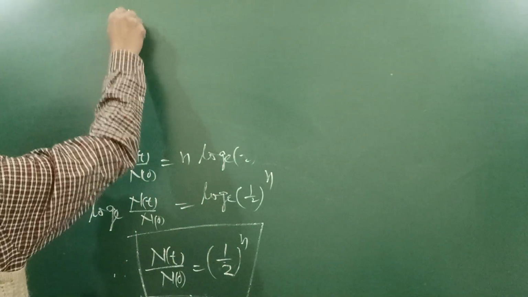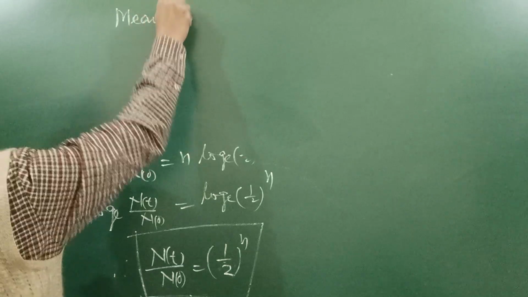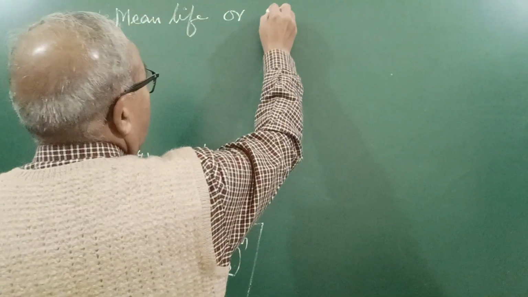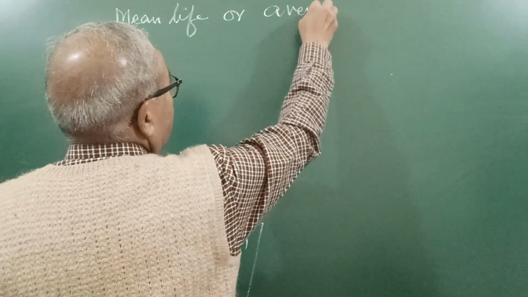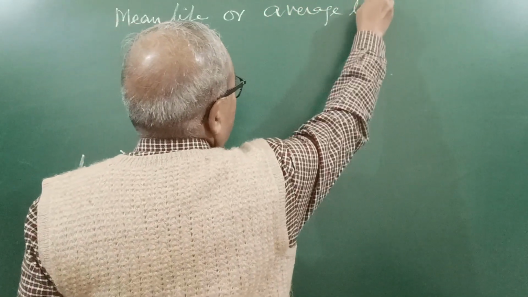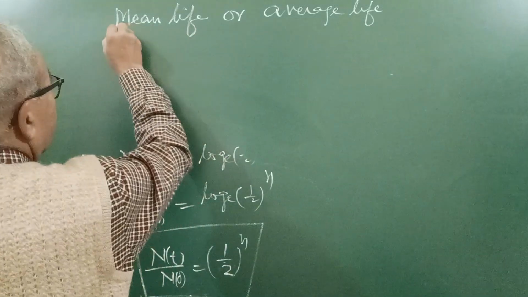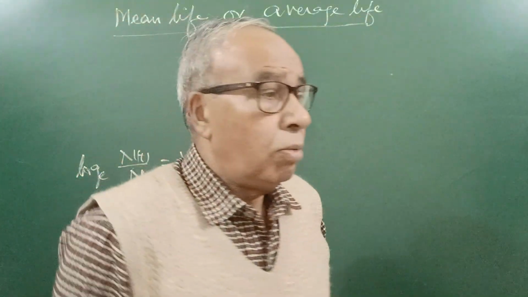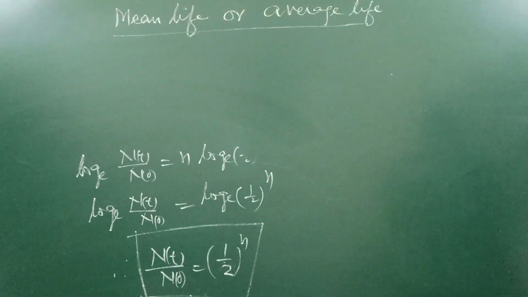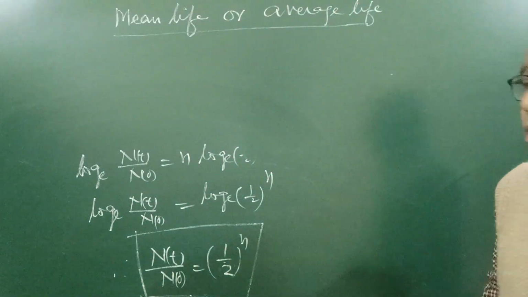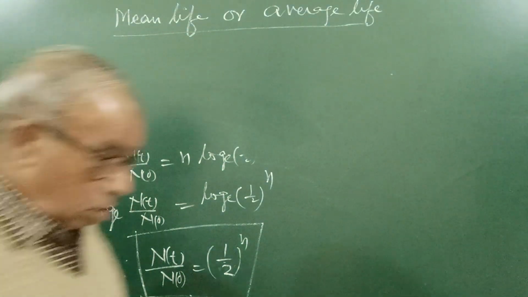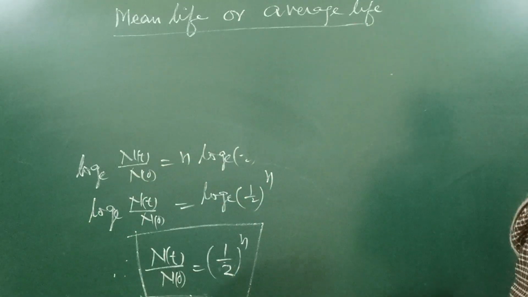Mean life or average life. We are living in a society, in a country, and we tell the average age of human being has increased from 50 years to 70 years.